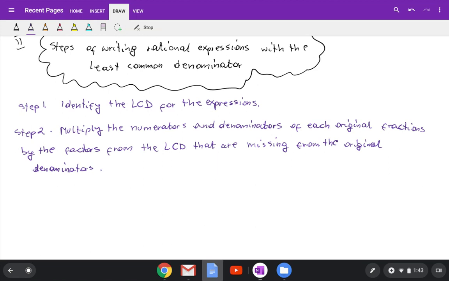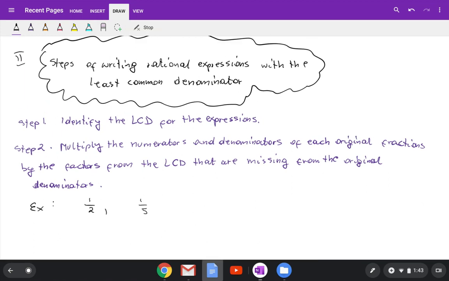Okay, I want to just give you an easy example and explain what we're doing here. Let's say you have 1/2 and 1/5. We want to write each rational expression with the least common denominator.